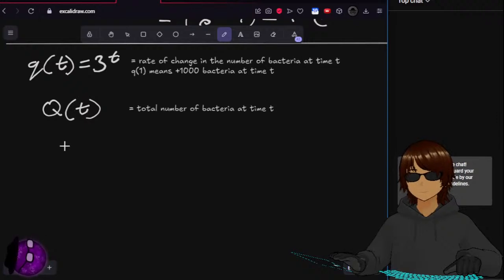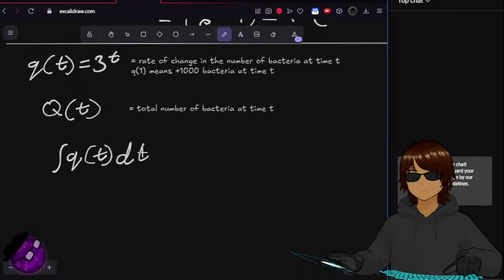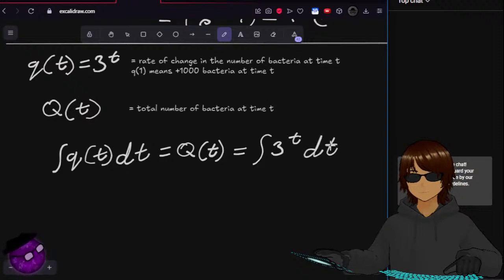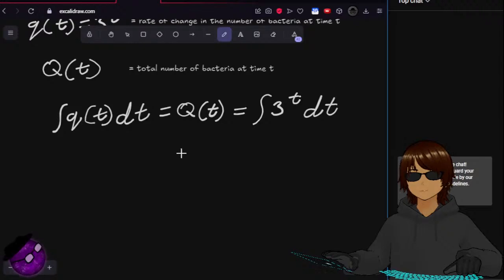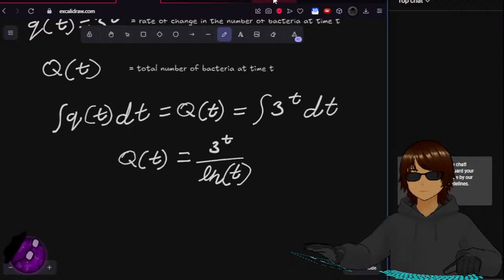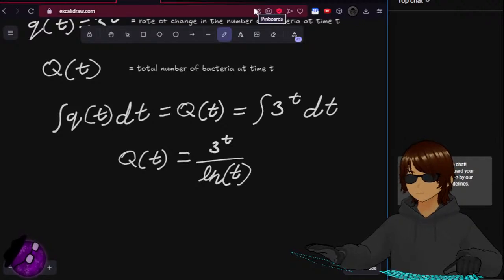So this integral is equal to 3 to the power of t over ln of 3. Am I right? Hold on.